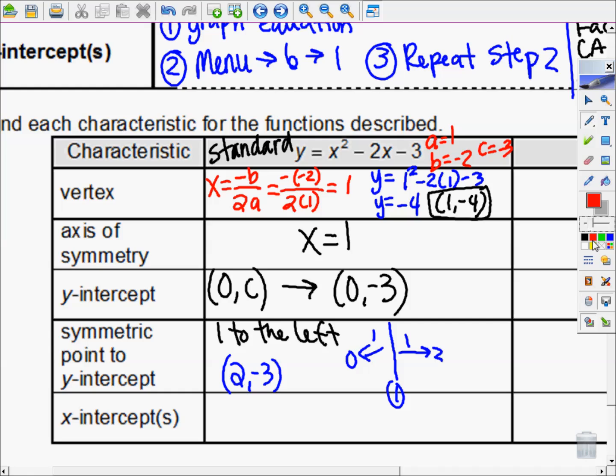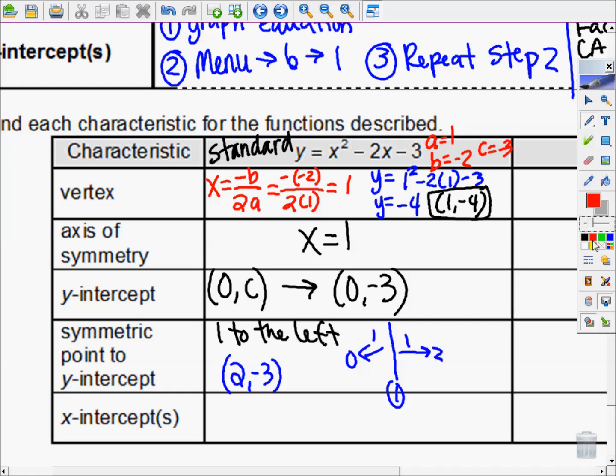All right, Brittany, the reason why it's 1 to the left is because we know that our y-intercept is always at 0, right? No matter what, your y-intercept, the x value is always going to be at 0. That's why it's the y-intercept. However, your axis of symmetry is what changes. So we want to know how far is our y-intercept from our axis of symmetry. The distance is 1.